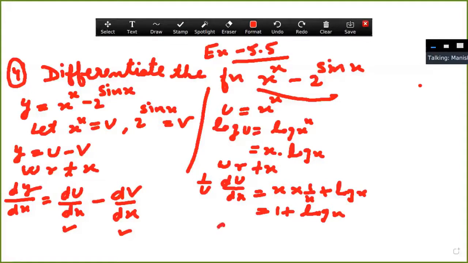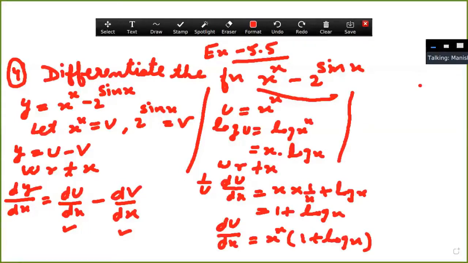If you shift this u to the right hand side, this comes out. The value of u is x to the power x, and 1 plus log x. This is the solution of du upon dx. Now what is v? V is equal to 2 to the power sine x.